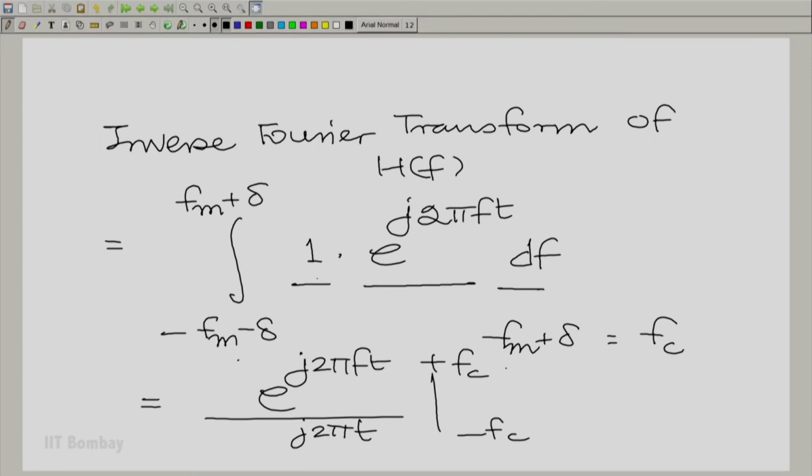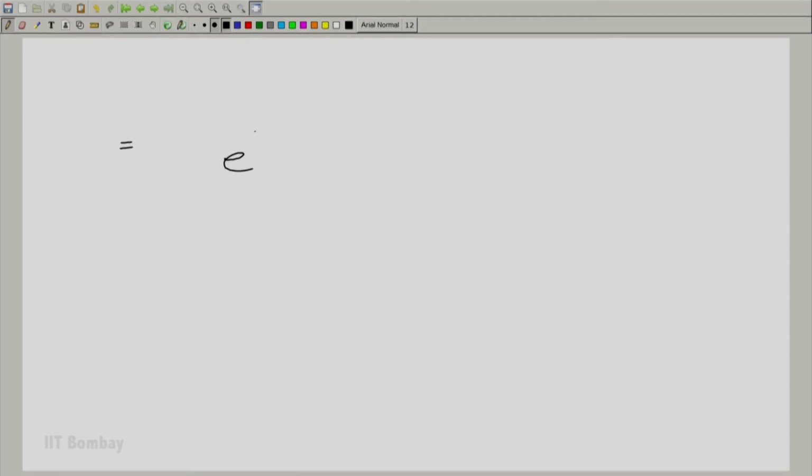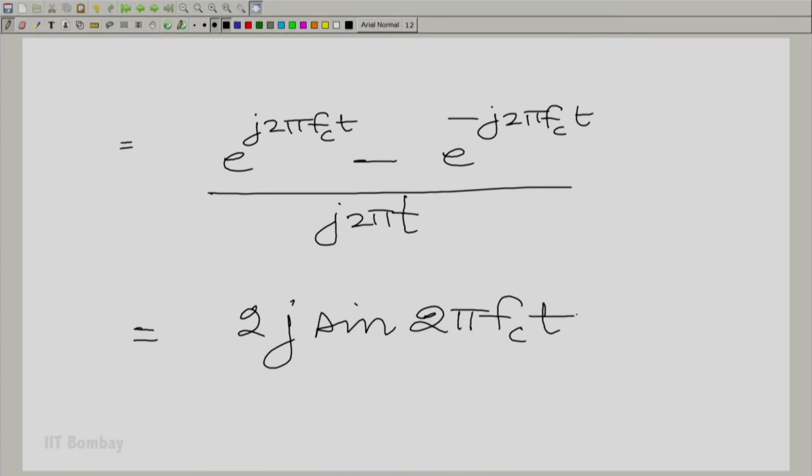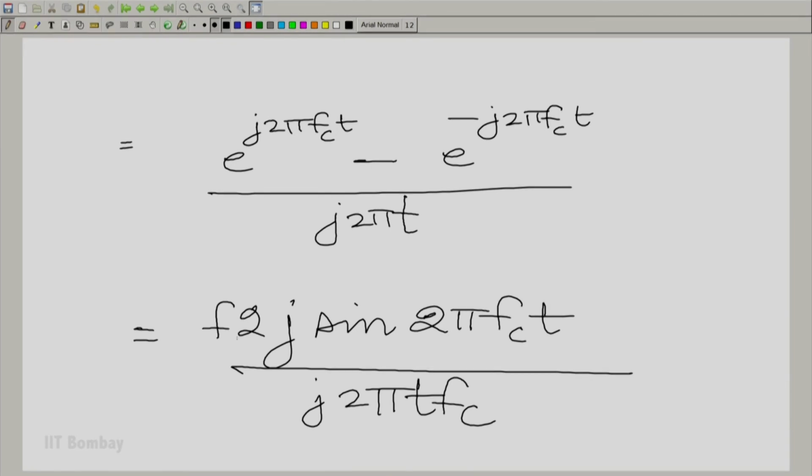Let us simplify this. So, it is e raised to the power j2 pi fct minus e raised to the power minus j2 pi fct, divided by j2 pi t, which is easy to simplify. It is essentially 2j times sine 2 pi fct divided by j2 pi t. And of course, we could multiply and divide by fc and cancel the 2j from the numerator and the denominator.